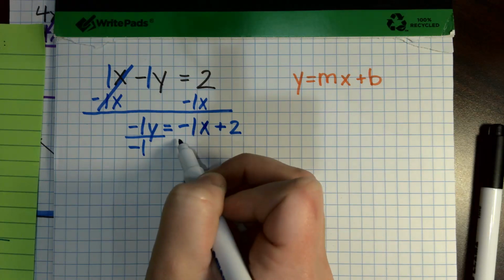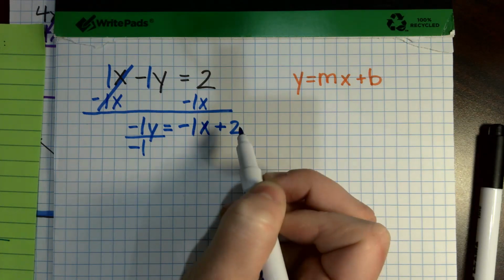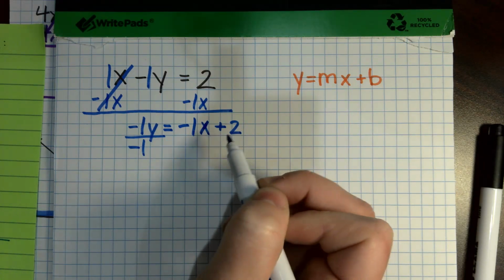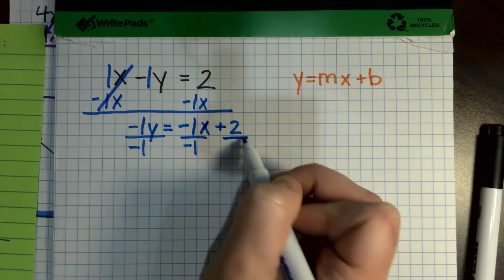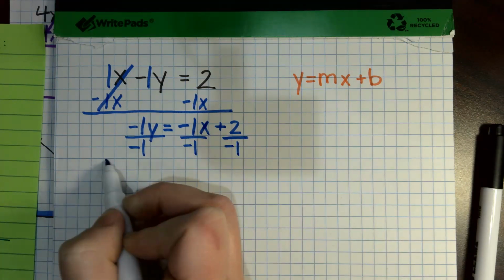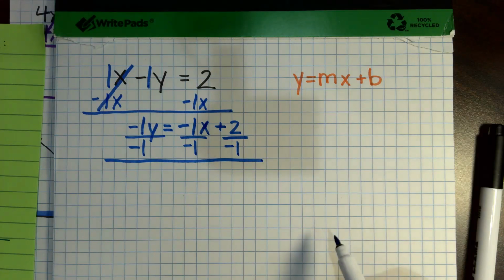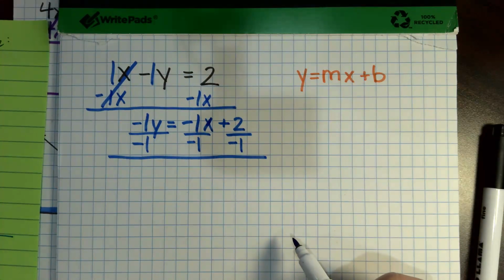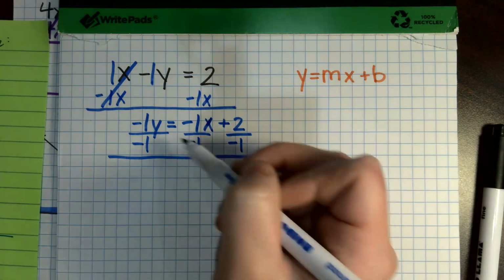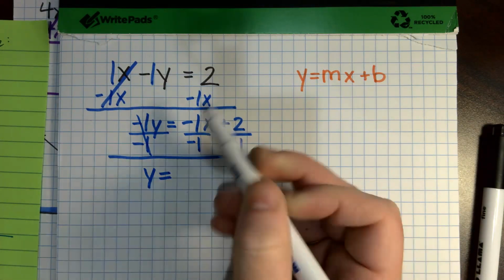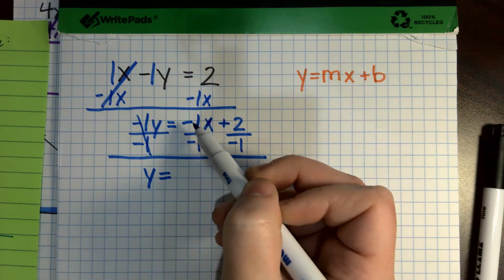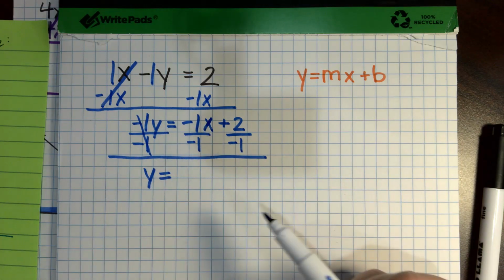And remember, when we are dividing on the other side of the equation, we need to do it to everything. Negative 1, negative 1. Now, what happens? My negative 1's cancel, so I just have y equals. What happens when I take negative 1 divided by negative 1?